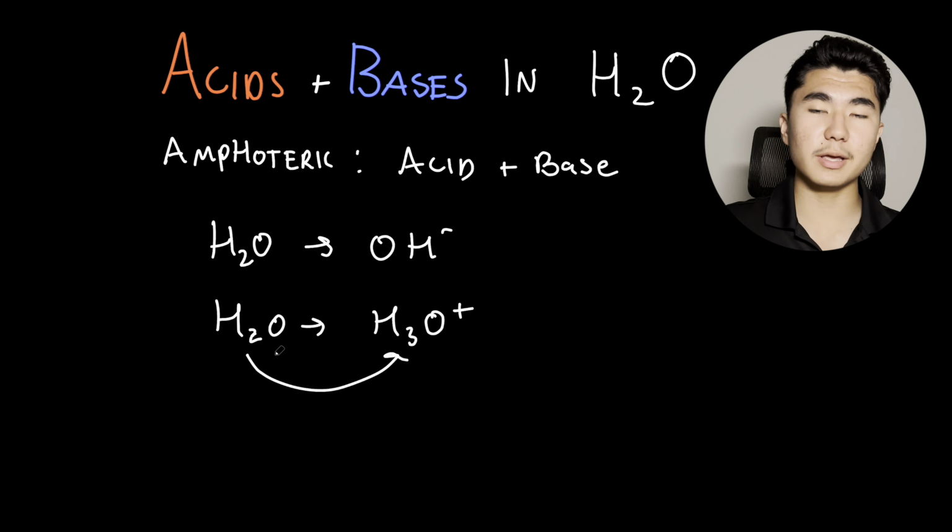So now let's talk about pH versus pOH. There are two equations we need to know. pH is going to equal negative log of the concentration of hydronium, and it could also equal the negative log of our hydrogen plus concentration. And let me just move this over here, and change the color real quick.